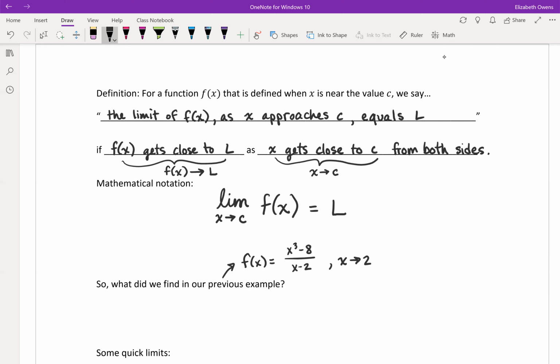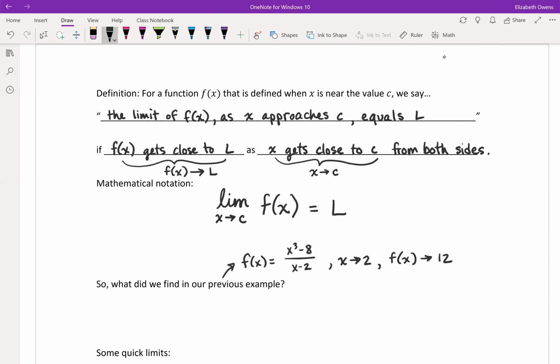So we were letting x approach 2. Our conclusion was that the y values, or f of x values, were getting really, really close to 12. So f of x was going towards 12.